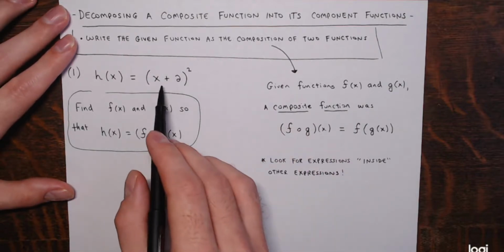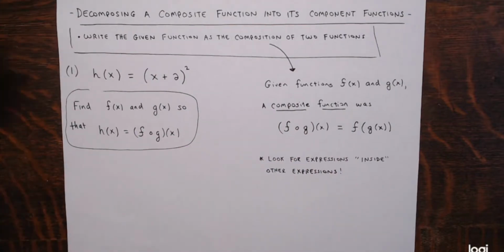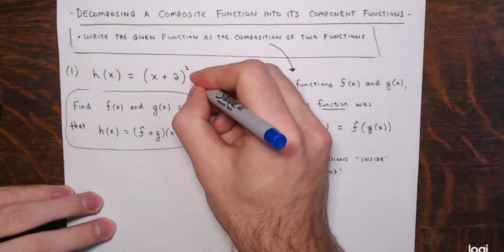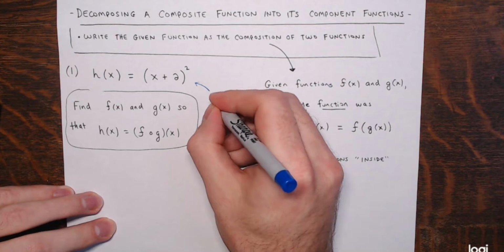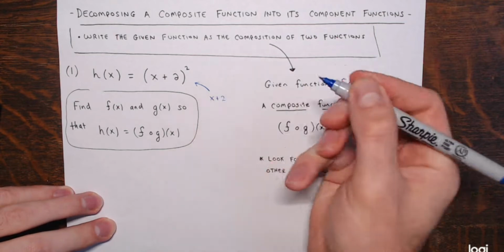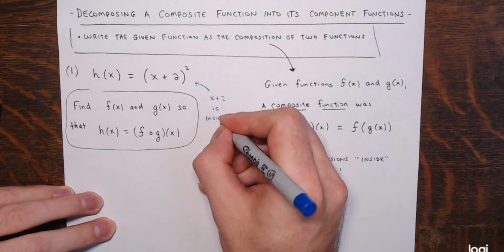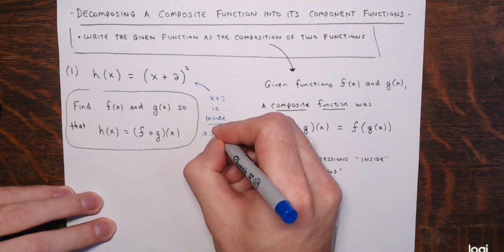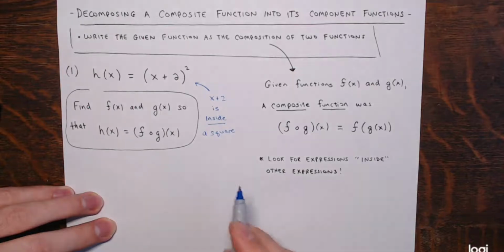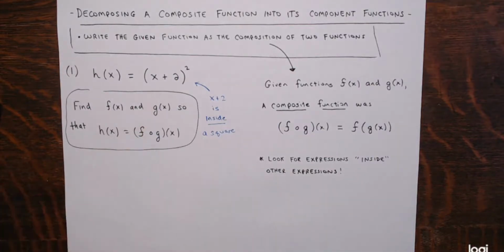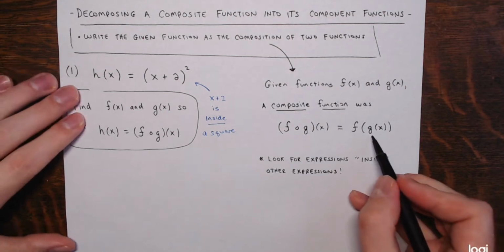So for example, in number one here, you see how the expression x plus 2 is inside a square. This x plus 2 is inside a square. So the function that's inside I'll call g.